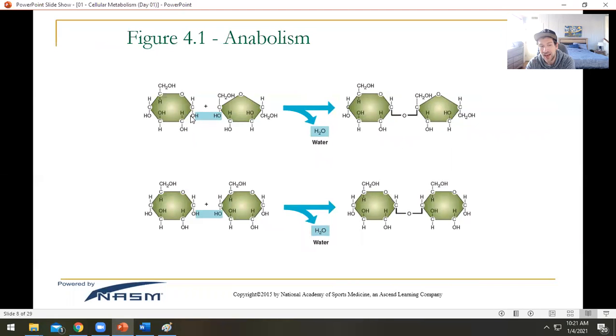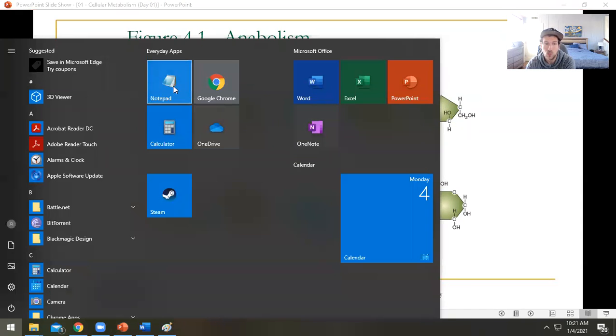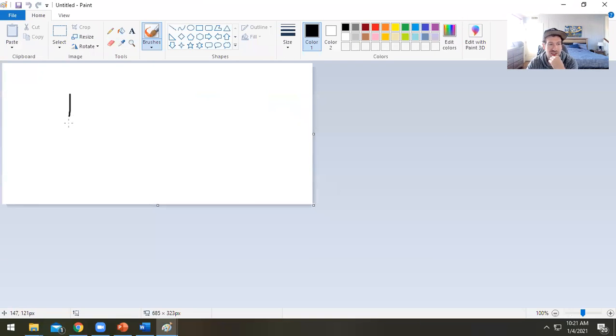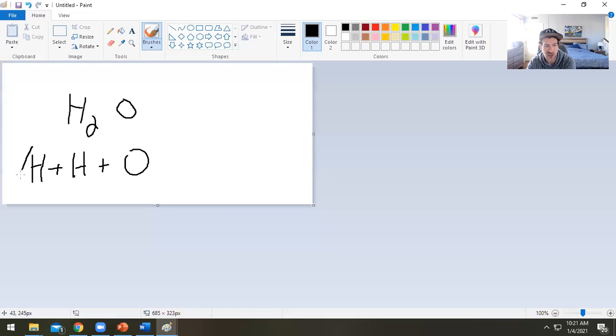So now if you look at that, I've got an O, I've got an H, I've got an H, and I've got an O. So remember water, right? This is the chemical formula for water, H2O. So what that means is that there's two hydrogens and one oxygen.